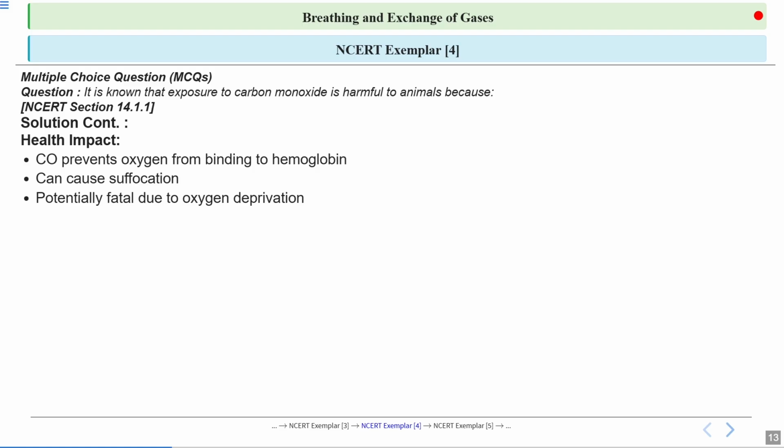So if you creep and crawl downward on the ground and move out from that situation, you will not take in those harmful gases, and you can protect yourself, right?